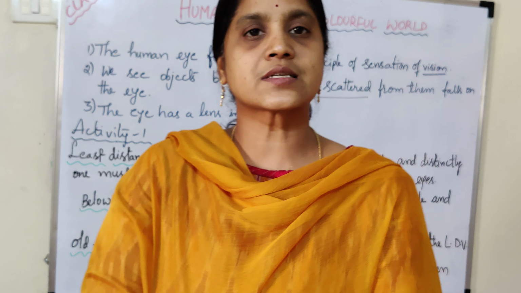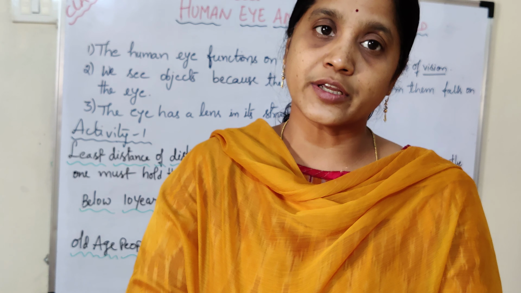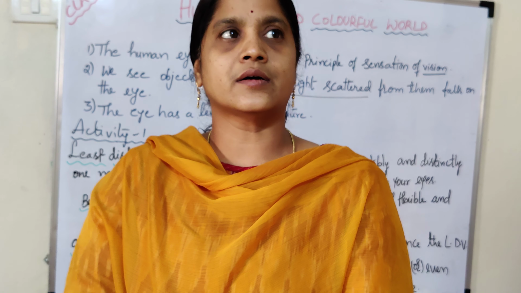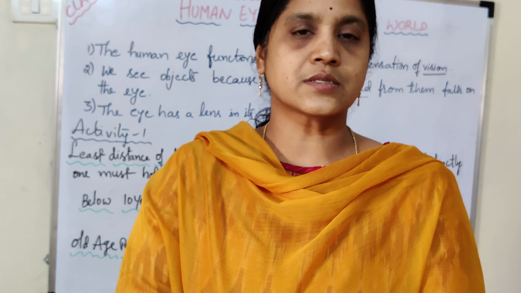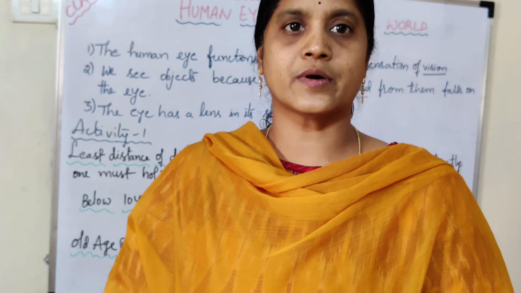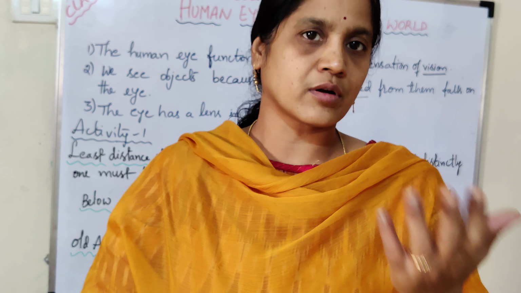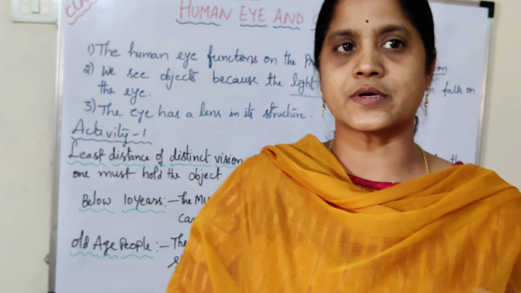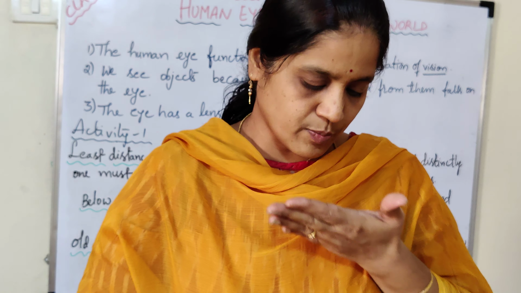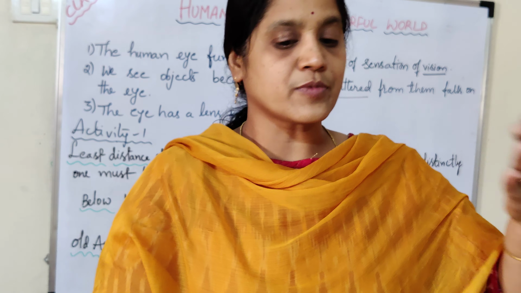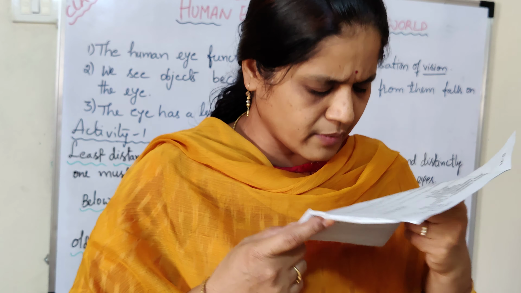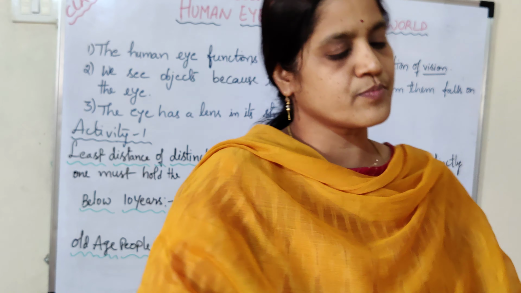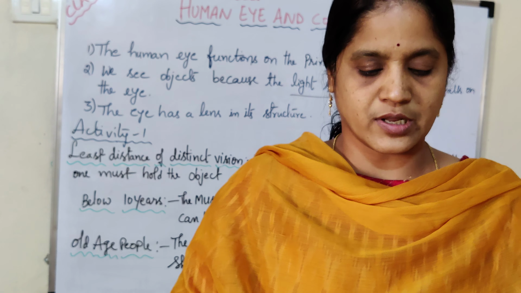In that we'll discuss the functioning of the eye and the structure of the eye. Did you observe that some persons, while they're reading newspapers or any book, keep it very near to the eyes, some keep it like this, some keep it like this?